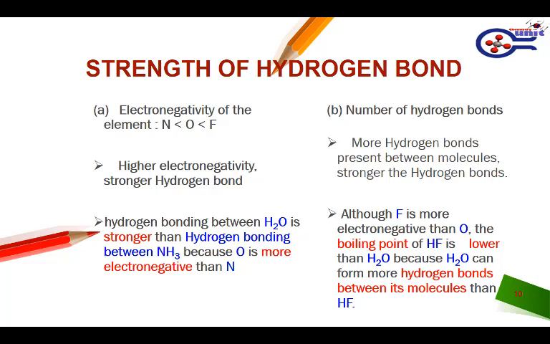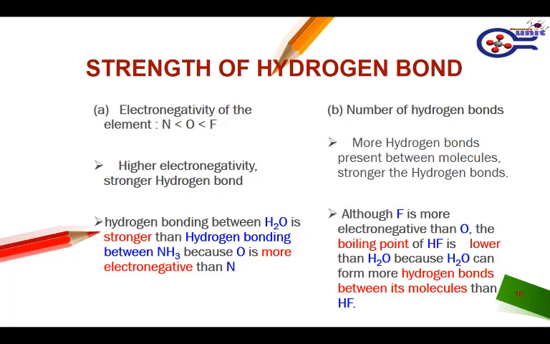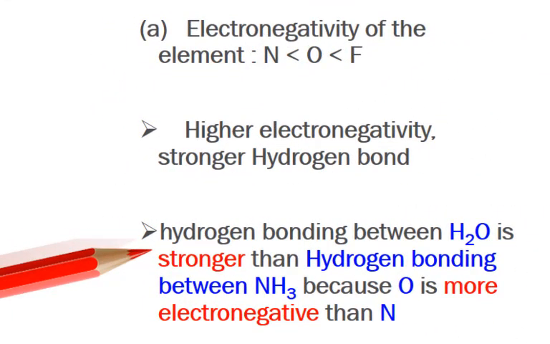There are two factors which influence the strength of hydrogen bond. The first one is the electronegativity of elements. Because hydrogen bonds involve molecules that have F, O, and N, and we know that the electronegativity of F is higher than O, and the electronegativity of O is higher than N, we can predict that the higher the electronegativity, the stronger the hydrogen bond.